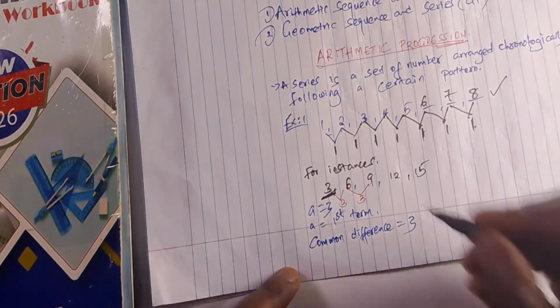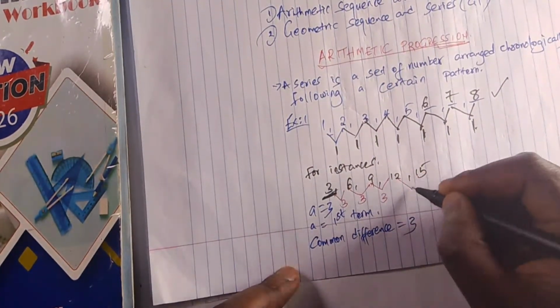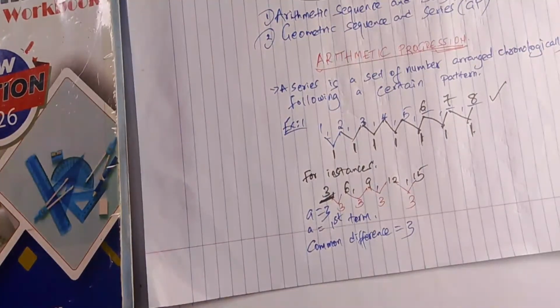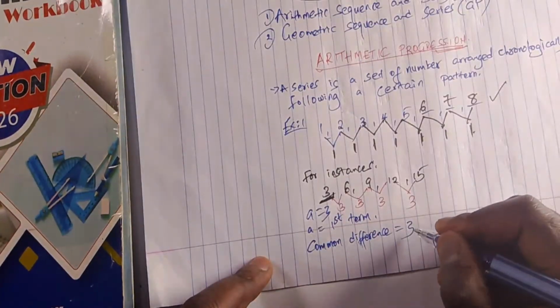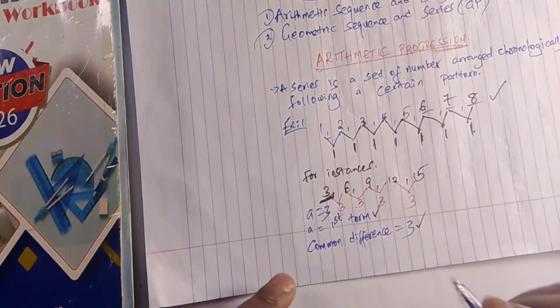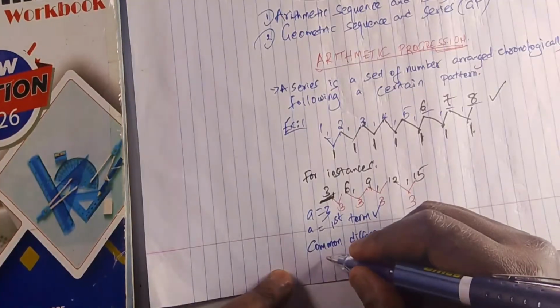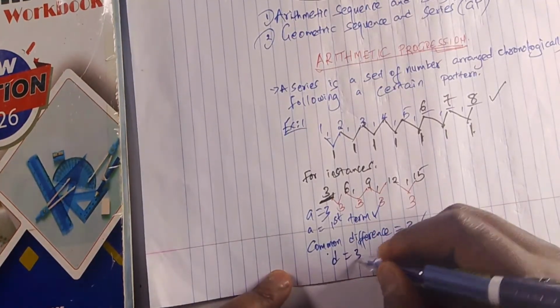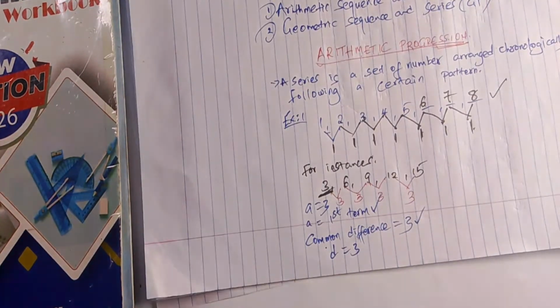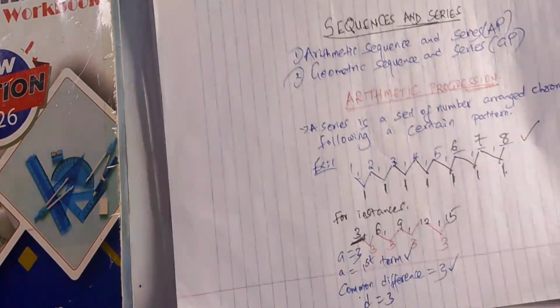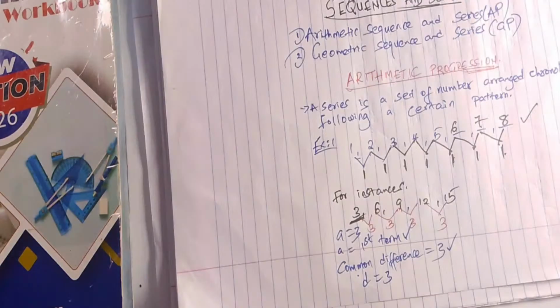And why are we calling it a common difference? Because the difference all around is 3. Remember, we are dealing with arithmetic progression. The common difference is represented by D. So our D is equal to 3.